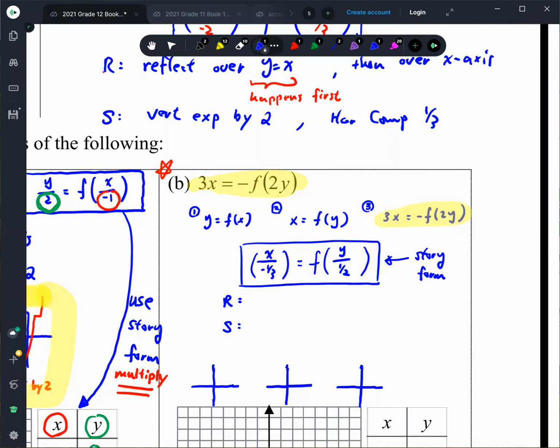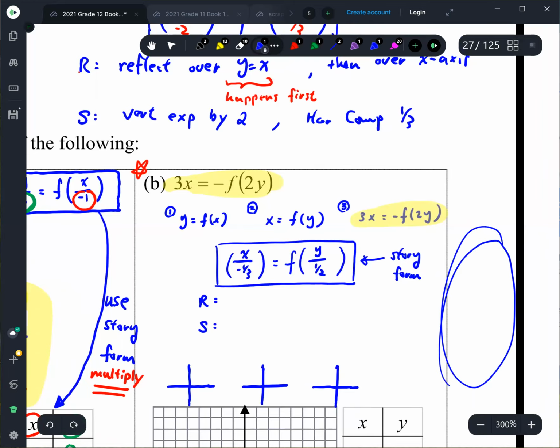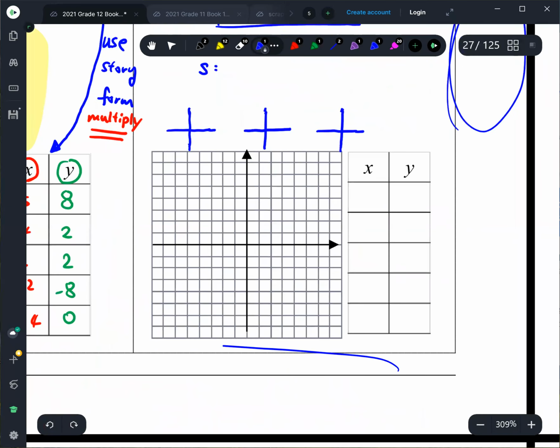Raise your hand when you've done that. Jocelyn, where do you write the reflections if you don't have any more room? Oh, you don't have any room? Okay, then you use the space on the side, or you can use the space underneath.